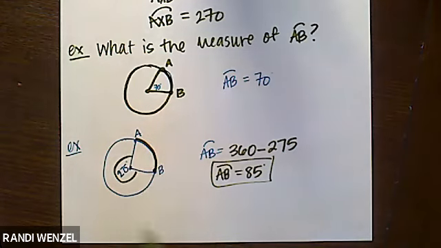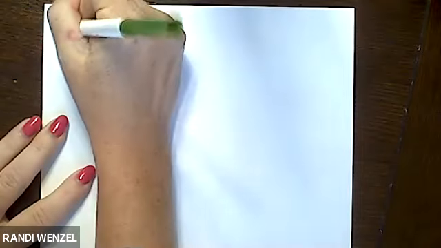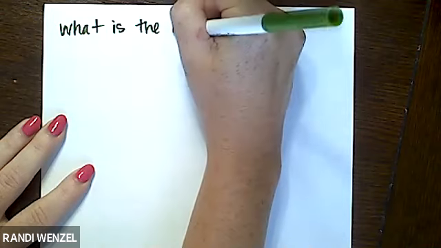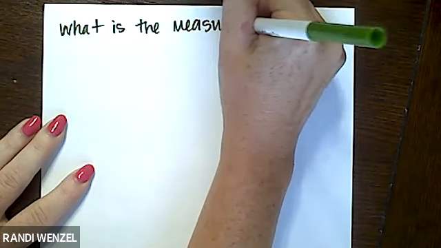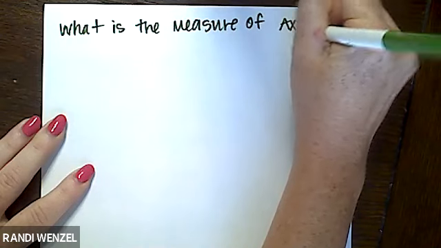If you need to pause to write any of this down, go ahead. I'm going to switch this out. Okay, so last example. This one says, what is the measure of arc AXB?